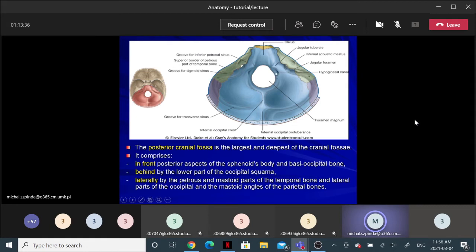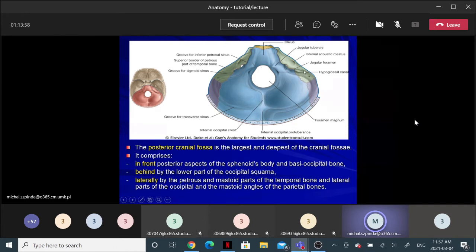Normally, they communicate the posterior cranial fossa with the parapharyngeal space. Apart from this, there are no more foramina referring to the occipital bone.